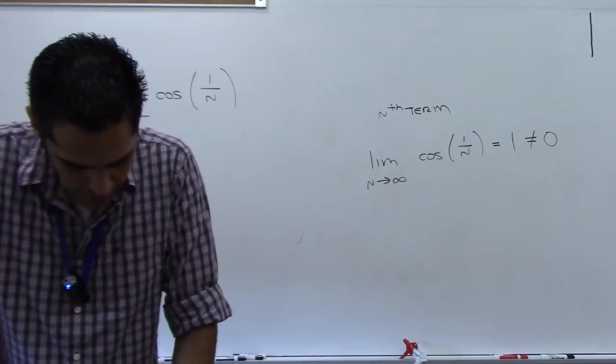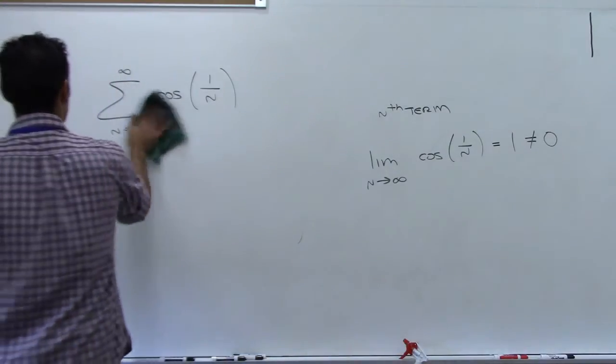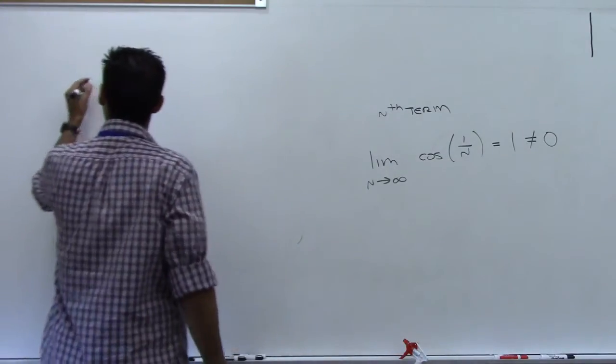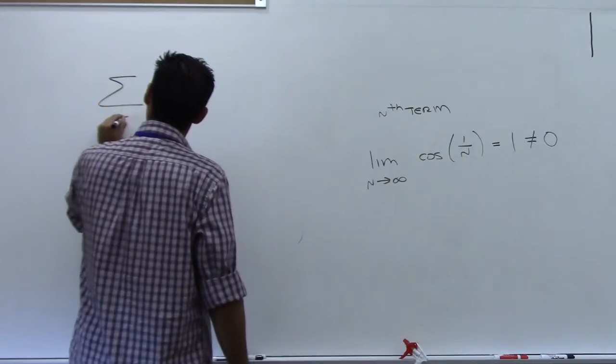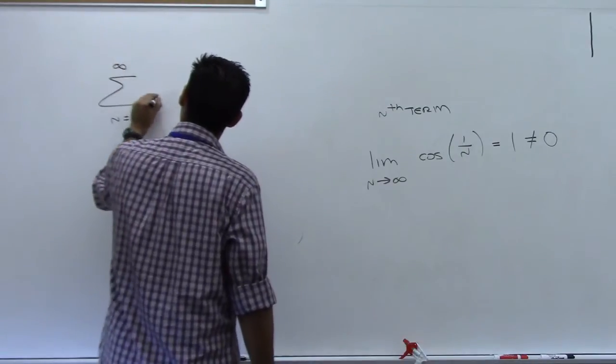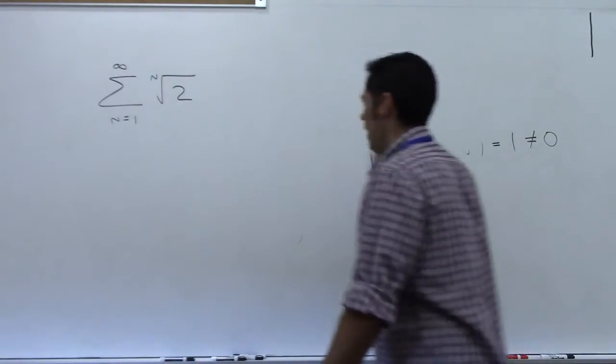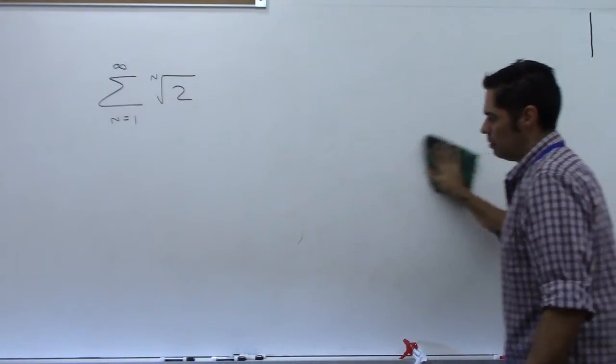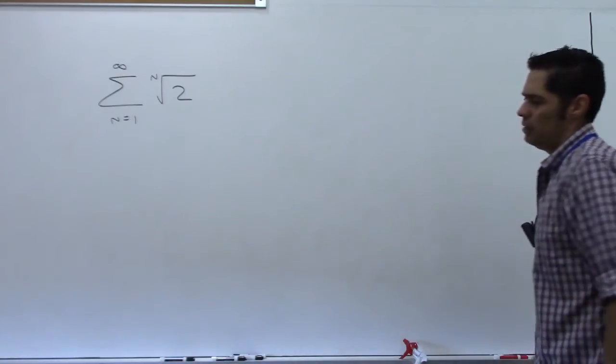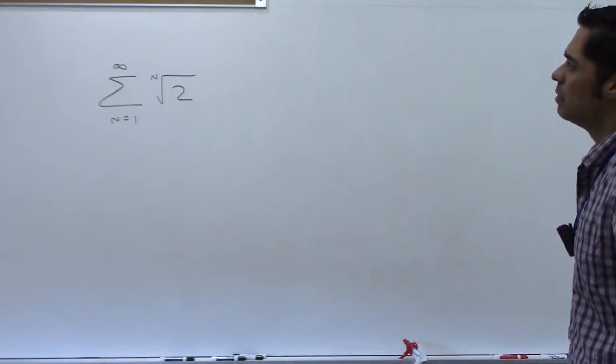All right, how about 19? Sum n equals 1 to infinity of the nth root of 2? What? Nth root of 2? All right, we haven't seen this before.